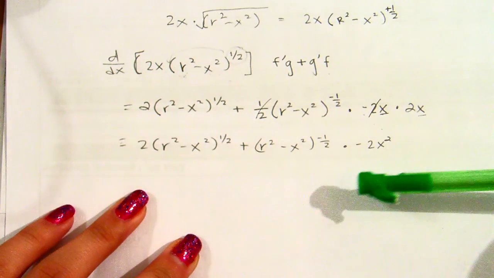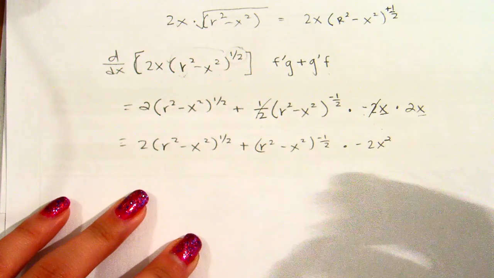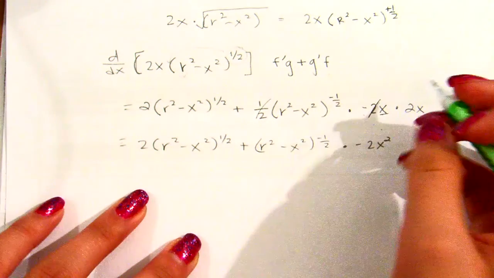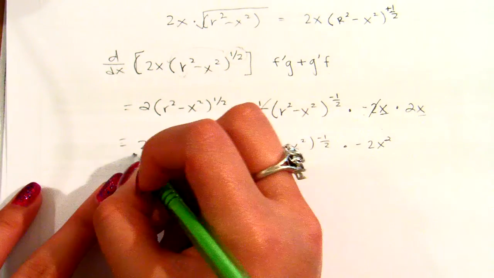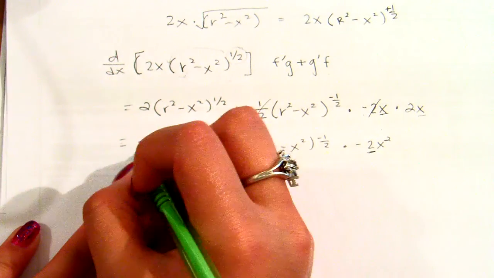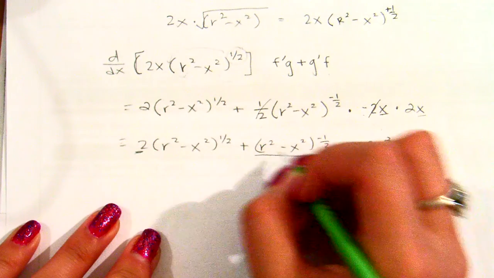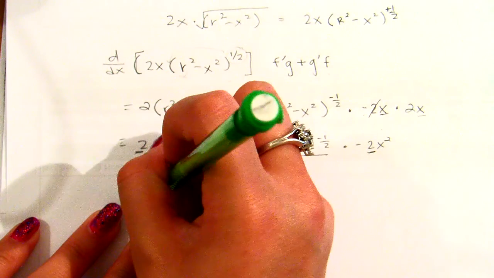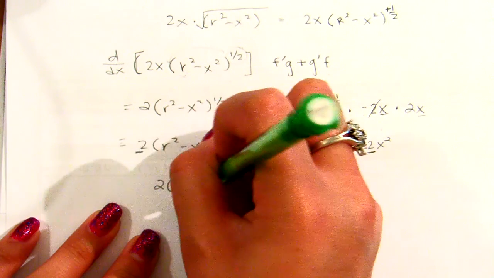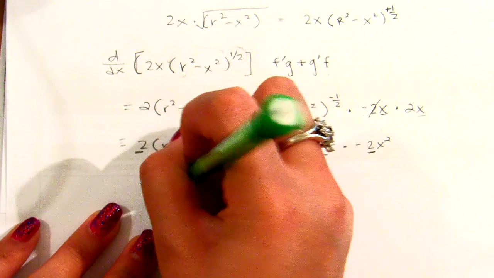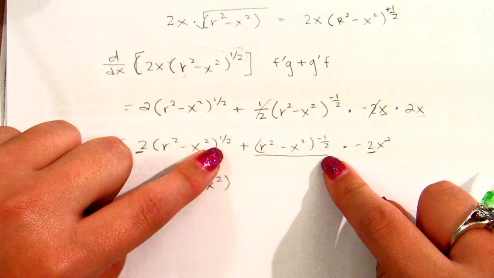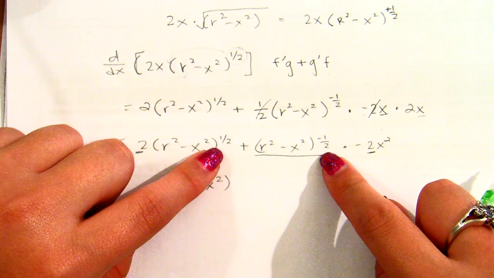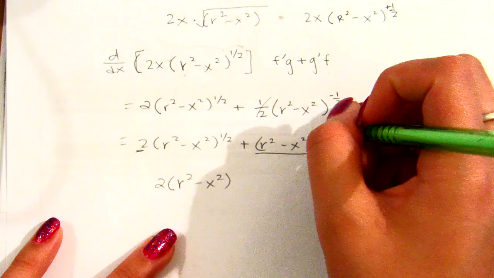And then we can factor this out to further simplify. We factor out whatever they have in common. They both have a 2, and they both have r squared minus x squared with some exponent. So we take out the 2 and the r squared minus x squared, but they both have exponents. So we need to take the one with the smallest exponent, which is negative 1/2.